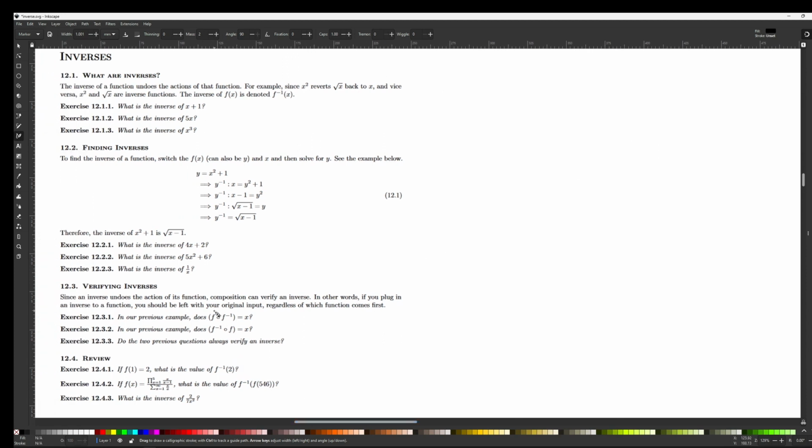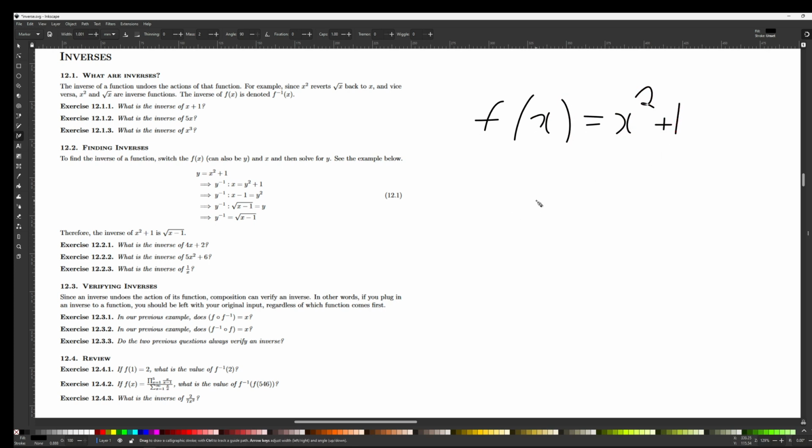And if we pass both tests, then they are inverse functions. Okay, in our previous example, does f compose f negative 1 equal x? So f of x, which remember, is x squared plus 1 here. Oh, by example, it means this one. So we're going to have f of x equal to x squared plus 1.